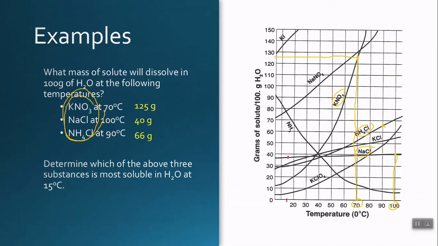I can dissolve about 37 grams, would you say? Ammonium chloride, I can dissolve right around 29 grams. And potassium nitrate, I can dissolve right around 16 grams. So out of these three, which one is the most soluble? Well, that's sodium chloride. That I can dissolve the most, 38 grams. Again, it's asking out of these three substances here.